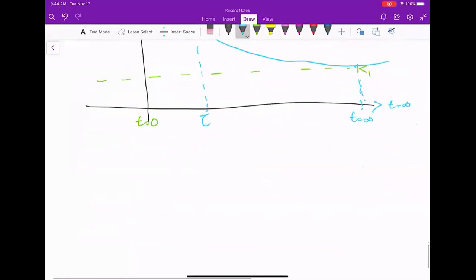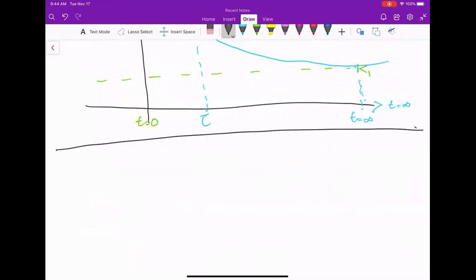Okay, so we will say that this is the state variable approach.